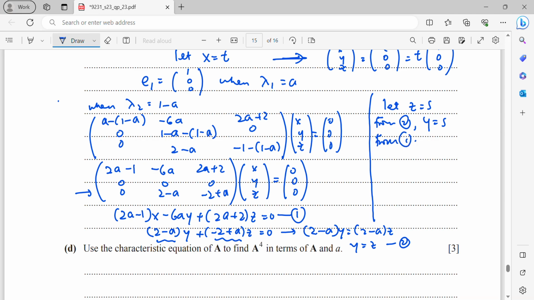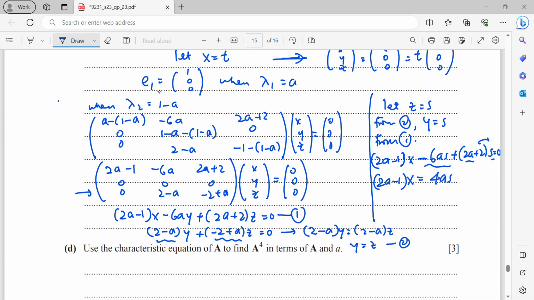From the first, (2a minus 1) times x is going to be minus 6ay, so minus 6as minus 2as, which is minus 4as. Move to the other side, 4as.